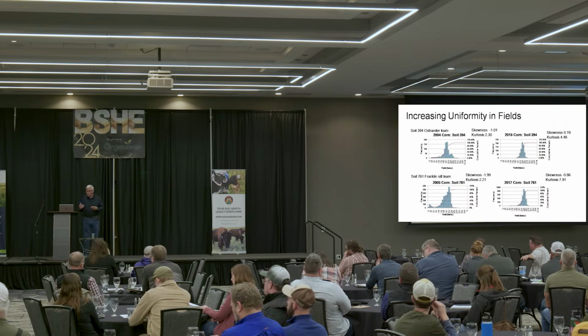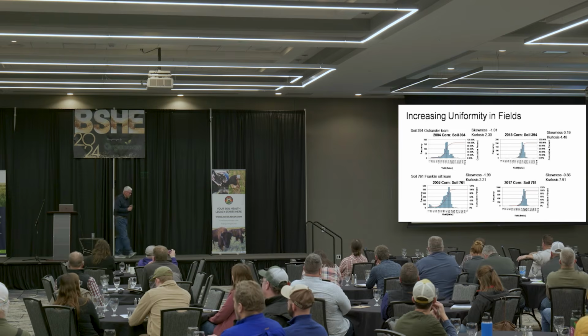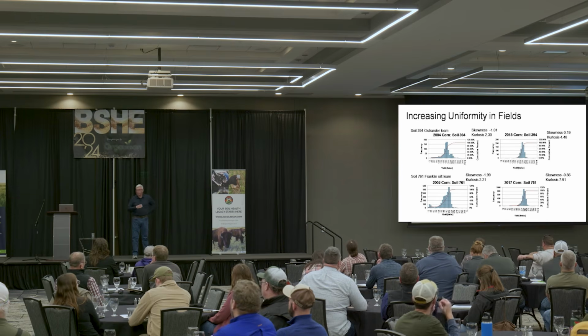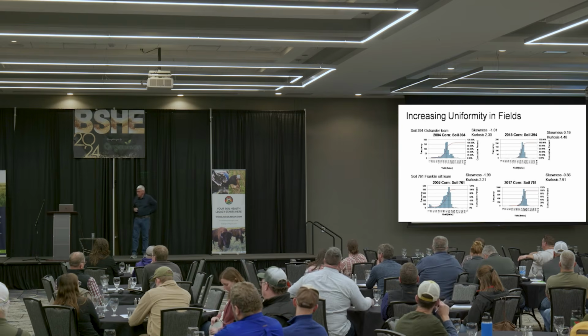A lot of you have seen this. This is some data analyzed out of Wayne Frederick's data that we took and began to look at soils within fields. We looked at the yield monitor data across an 18-year history of how these changed in terms of strip till and no-till crops out there.